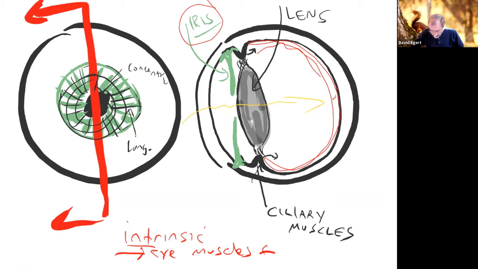So when the eye is relaxed, the lens is going to be at its most thin. And as you contract these muscles, it releases the tension on the lens, and the lens pooches out more and becomes more and more round. So you have to use energy, use the muscles. When the muscles contract, it releases tension on the lens and allows it to become more curved.